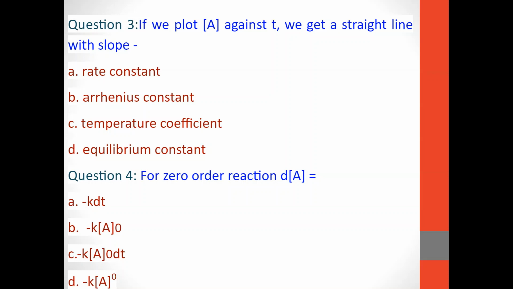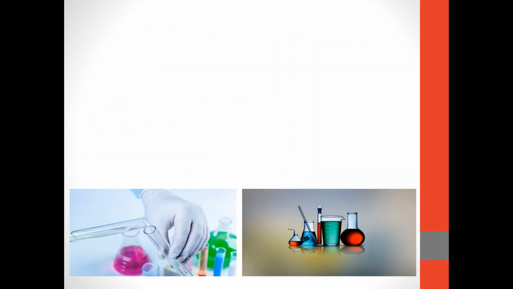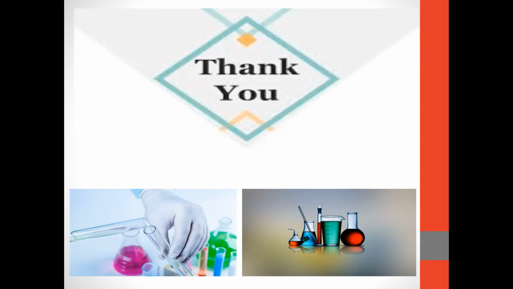I hope you understand the zero order reaction, its integrated and mathematical expression, and also the characteristics of the zero order reaction. In the next lecture we will learn the first order reaction and also its characteristics with examples.